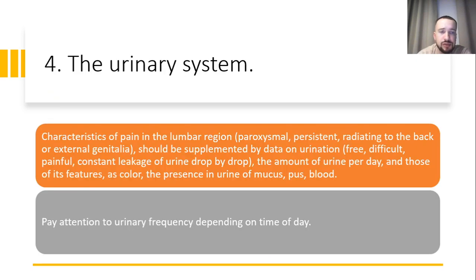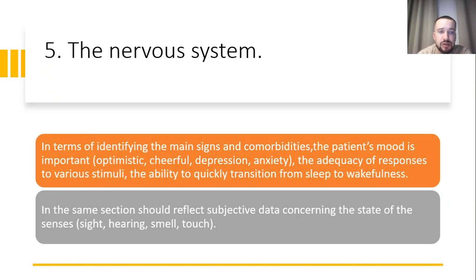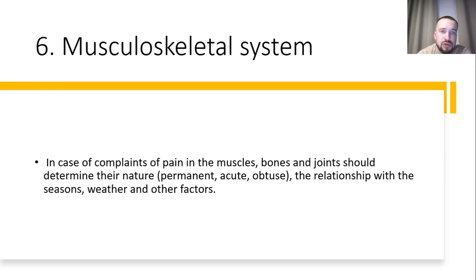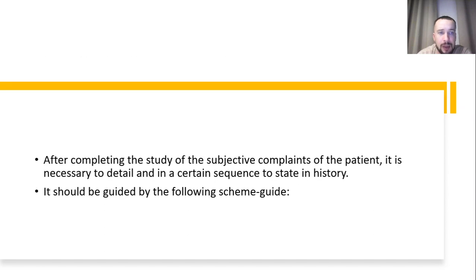Urinary system. There you see the text, I don't want to read it. Nervous system, the same situation. Musculoskeletal system. After completing the study of the subjective complaints of the patient, it is necessary to detail and, in a certain sequence, to state in the history. It should be guided by the following scheme guide.